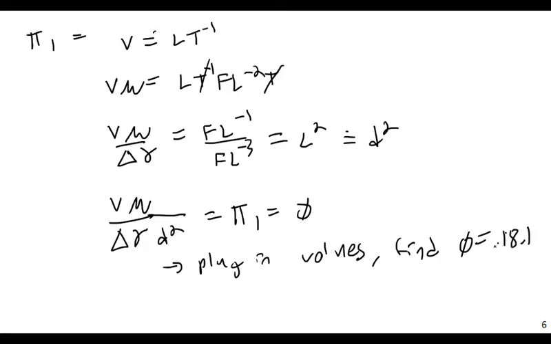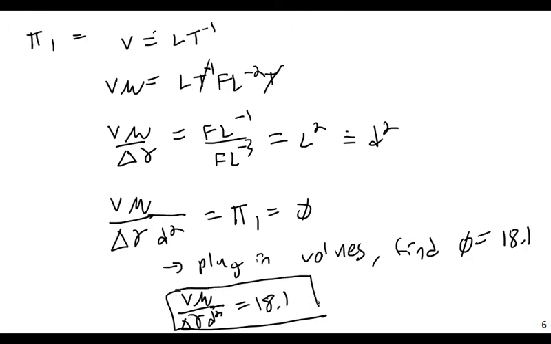So in other words, I could reduce this entire system to V mu over delta gamma d squared is equal to 18.1. Very useful relationship. Now I'll have a simple equation that describes the relationship between all of these variables. If I know any 3 of them, I can find the other one.